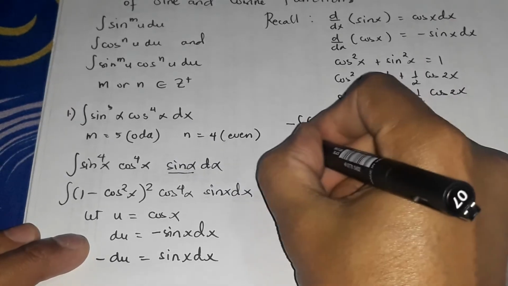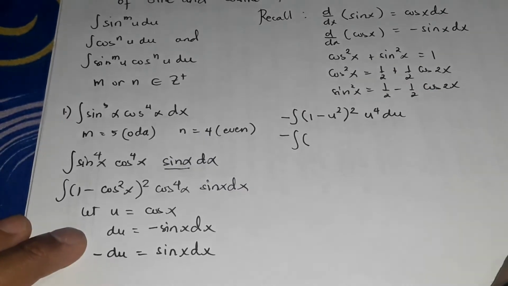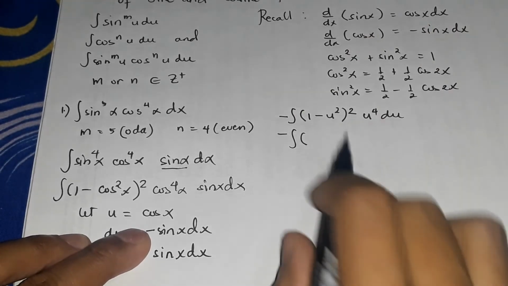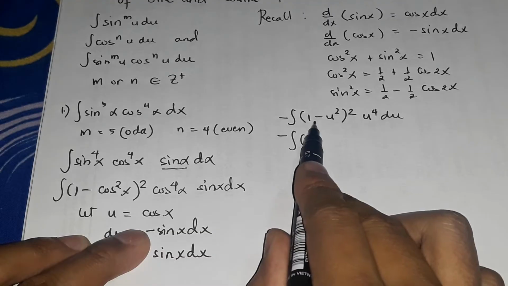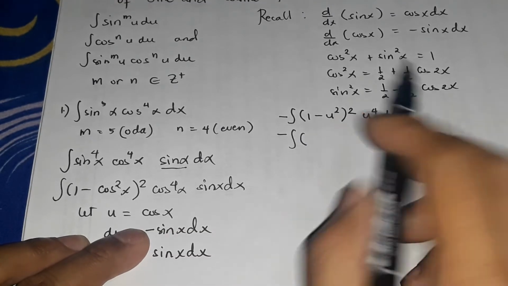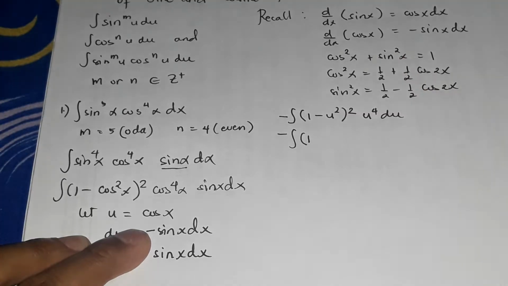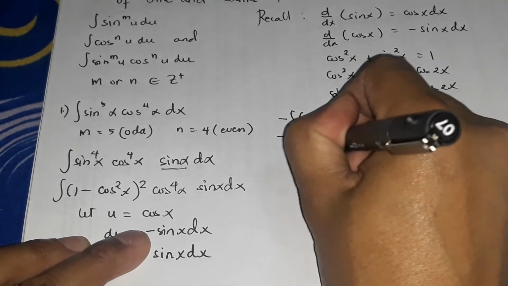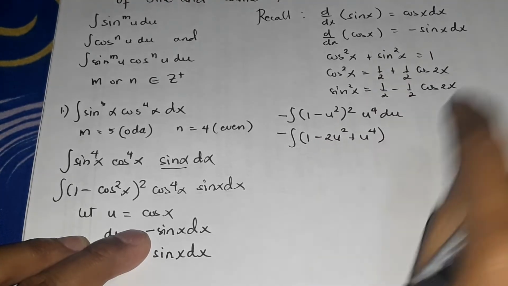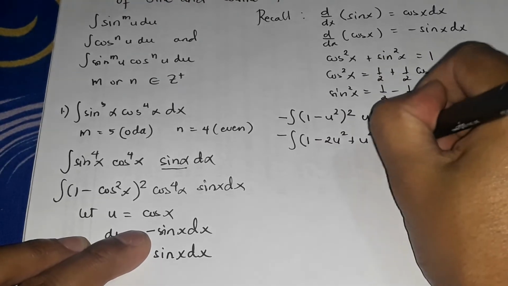First, we need to expand 1 minus u squared, squared. So we have the square of the first minus twice the product of the first and the second plus the square of the second. So we have 1 minus 2u squared plus u to the 4, times u to the 4, and then du.